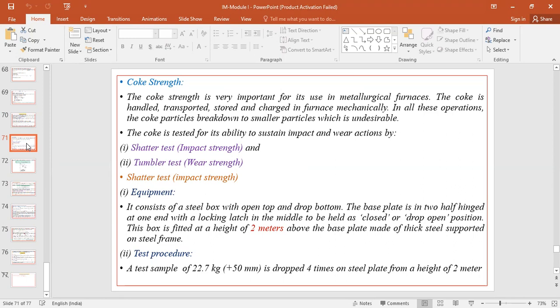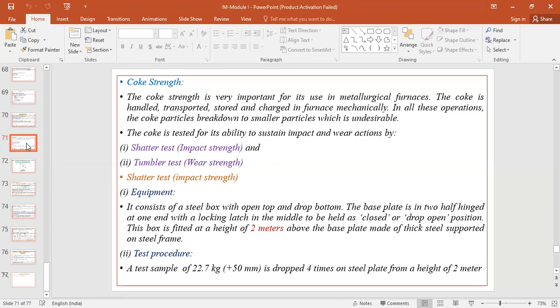The generation of fines can take place either due to impact or due to the wear which takes place during its travel inside the furnace, because inside the furnace it is a continuously moving burden from top to bottom.